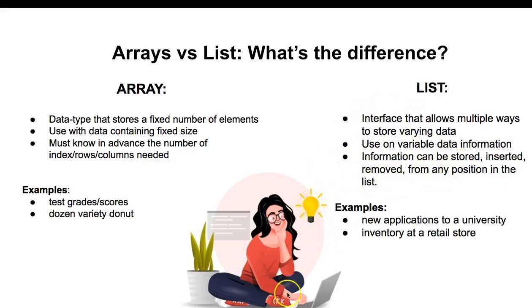An example is if we're writing code for applications to a university. These applications are constantly coming in, so we don't have a set size. We're not going to want to use an array for this. Same thing for inventory at a retail store: we're constantly adding more inventory and constantly removing inventory, so an array would not be ideal. You would want to use some type of list, or some class that implements the list interface.